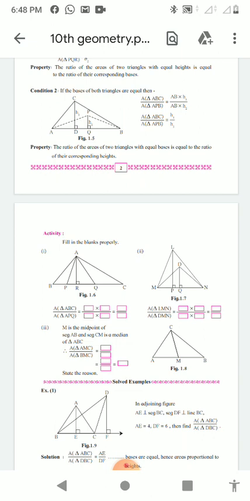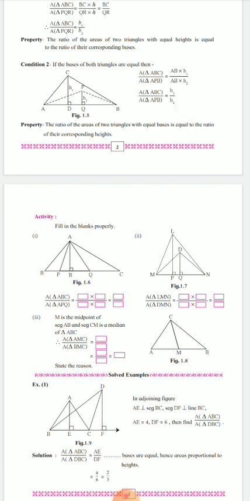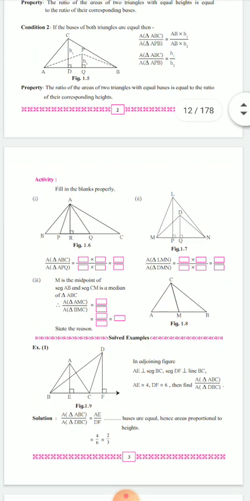They ask us to state the reason here. The reason is simple: CM is the median, and median means it divides the line AB into two equal parts, so AM equal to MB. Hence we can say that the answer is 1. The ratio of these two triangles is 1. Now we will see some solved examples.